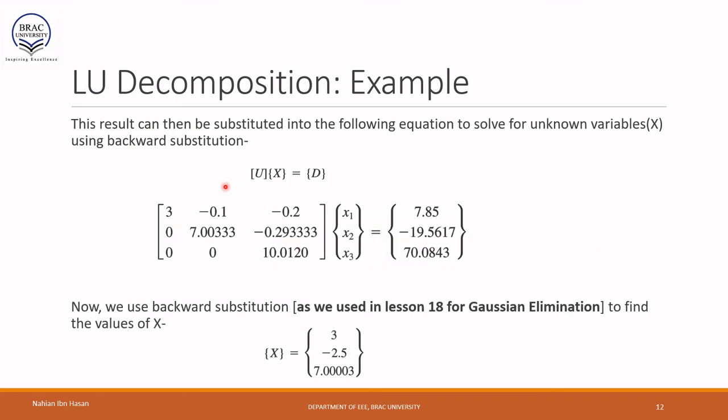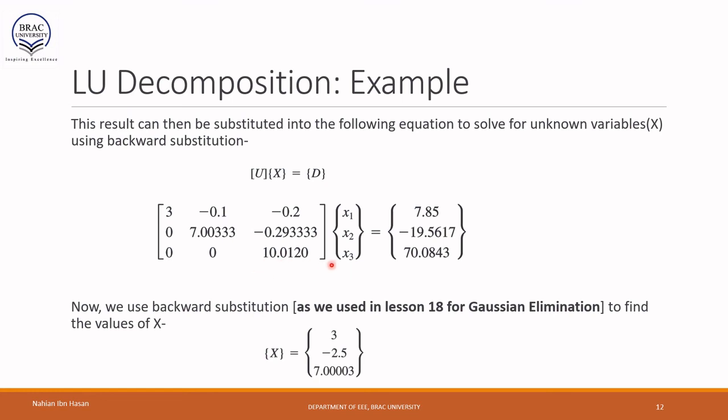In the last step we use this equation, if you remember from the algorithm, which is the upper triangular matrix multiplied by the original unknown vector, equal to the D matrix, which is the intermediate solution. This is the upper triangular matrix, and we can easily form three equations from this system. Now we have to do the backward substitution.